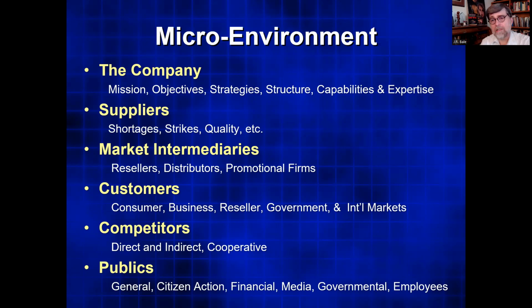For publicly traded companies, there are financial publics. If your company's stock is traded on a stock exchange, then you have a financial public, who could be anyone. The media, certainly, the news media may have good things or bad things to say about your product, so you want to pay attention to that, as well as the government. Governments impose regulations and other laws and taxes and things like that, and we'll talk more about that coming up.